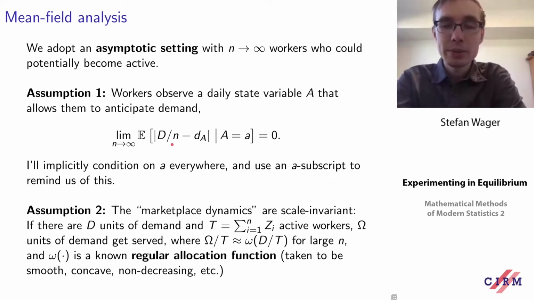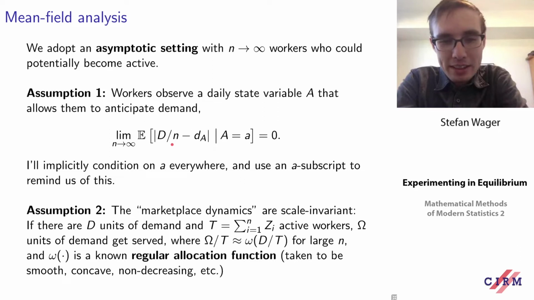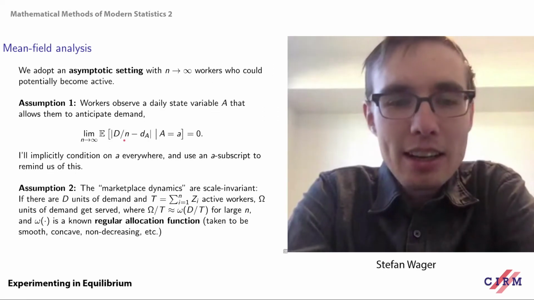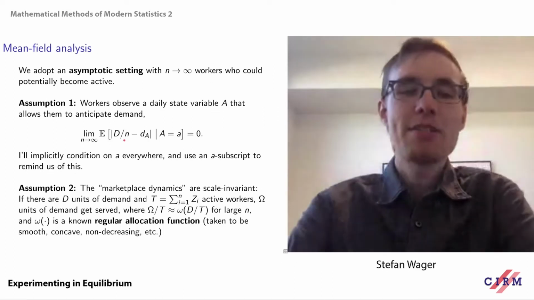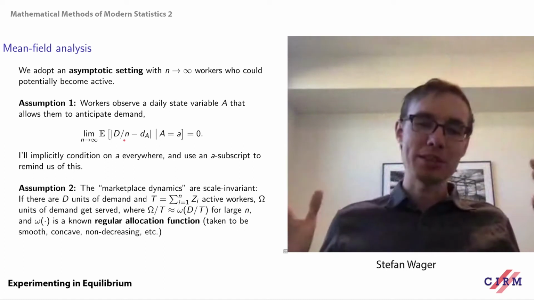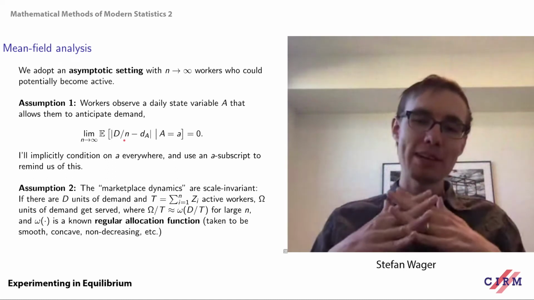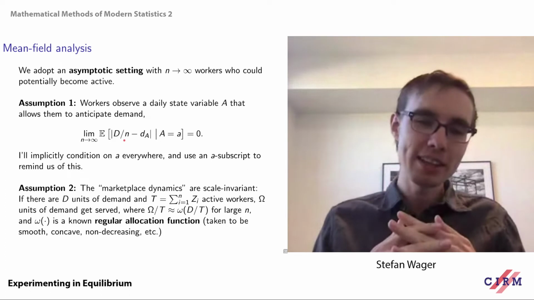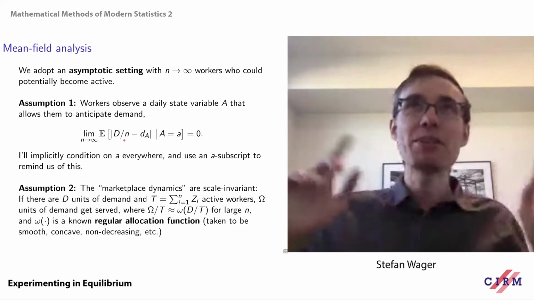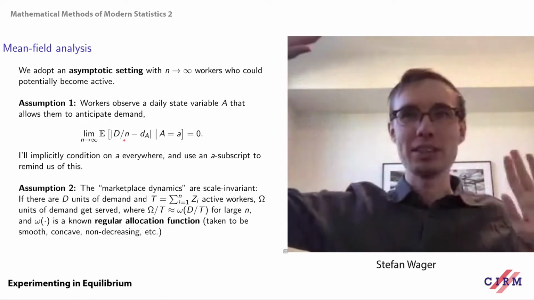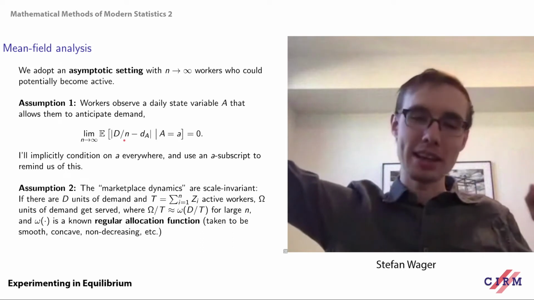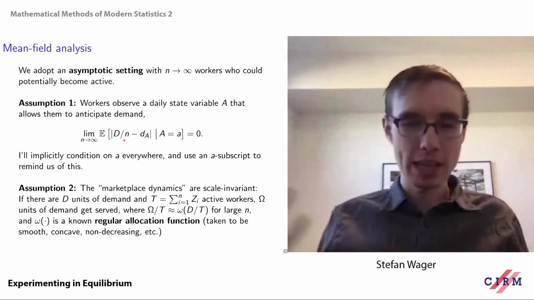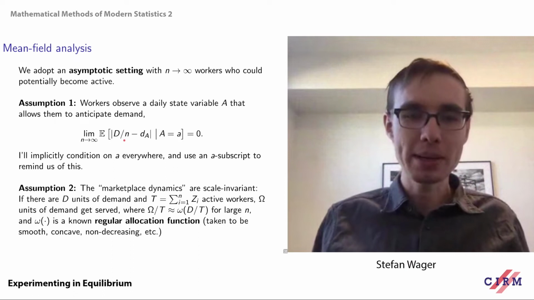The second is we're going to think that there are some marketplace dynamics that govern, if there's some amount of demand and some amount of supply, how many supply-demand pairs you can actually create. Maybe not everyone can be matched with everyone, because if two people are too far, maybe they can't get matched. Any concern like this always comes up in a real marketplace.